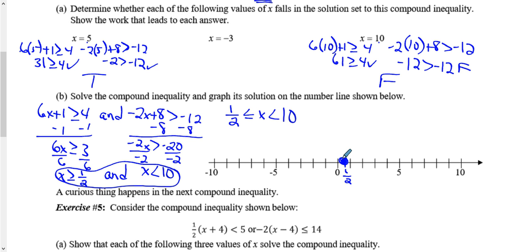We need another circle. Oh, yeah, and then you have to do the 10. Okay, what do I do to the 10? Open circle on 10. And x is in between these. So there's all your x values that solve it. Make it true. Okay?